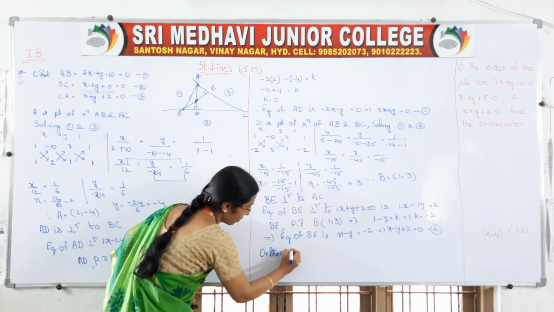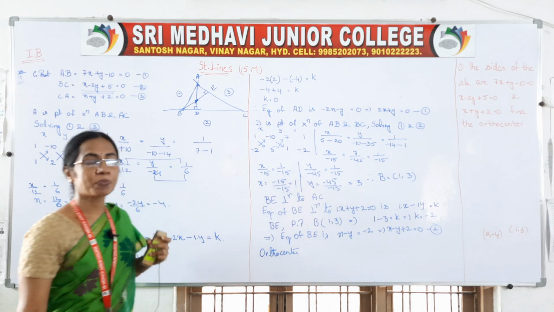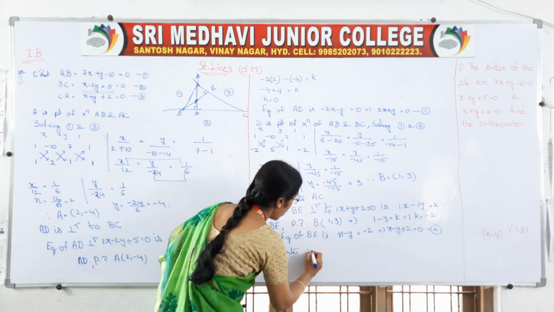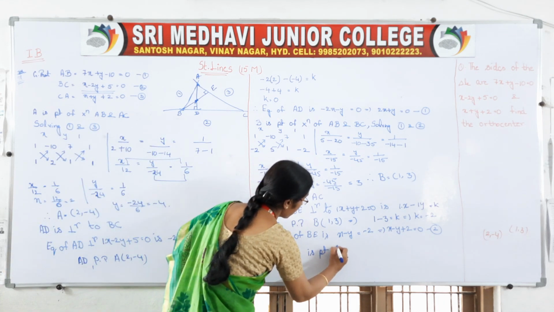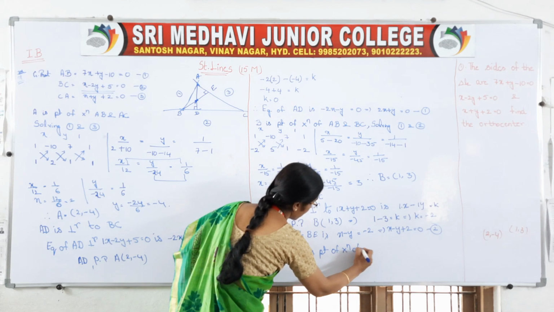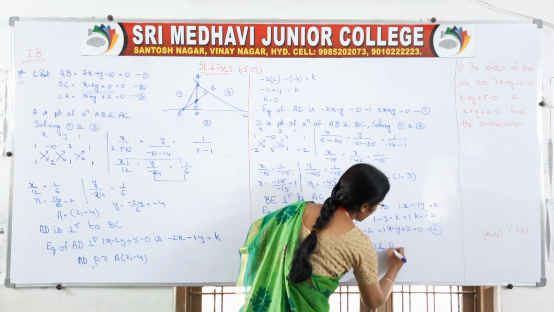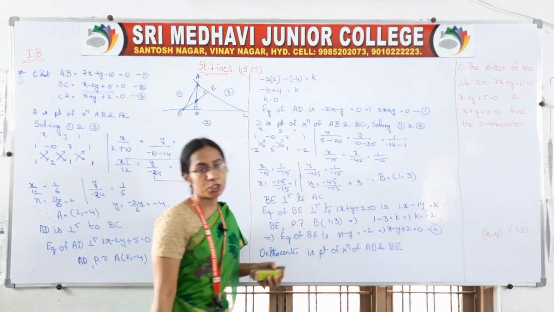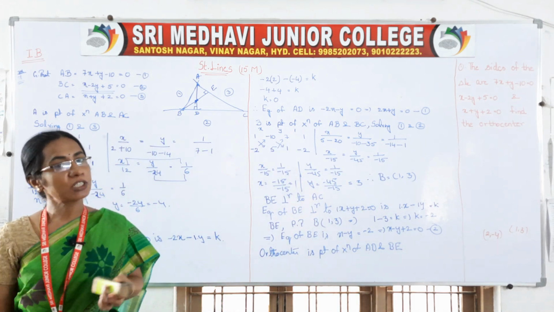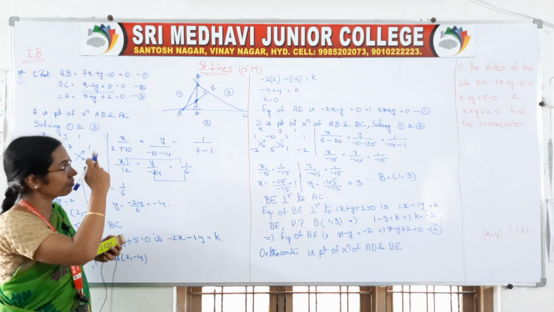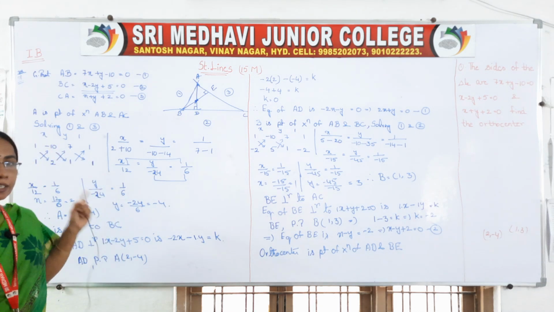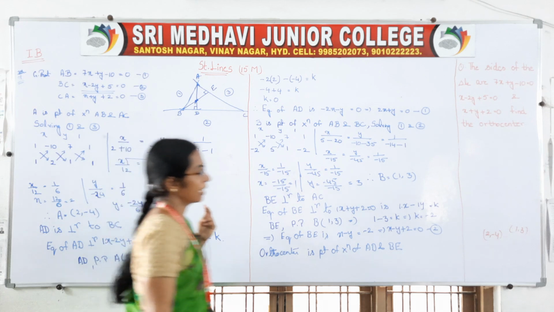What is the orthocenter? Orthocenter is point of intersection of AD and BE. What are those? They are altitudes. So what is altitude? The perpendicular line from vertex to that opposite side.